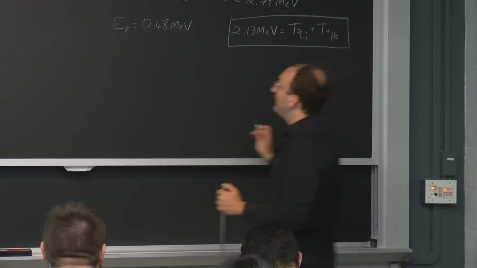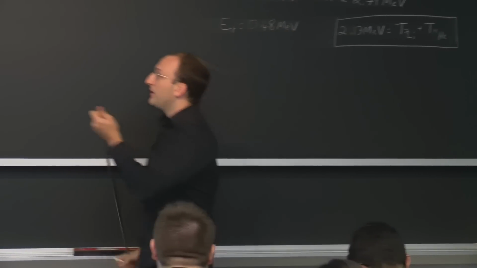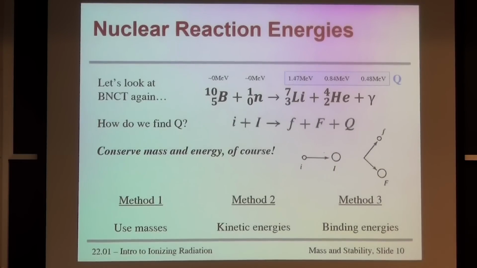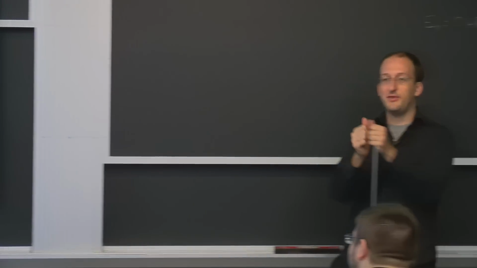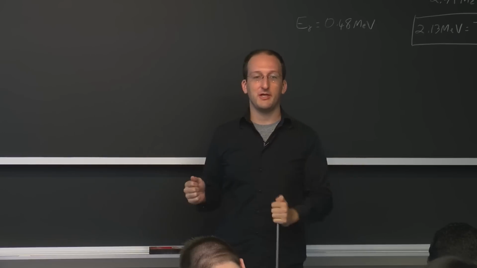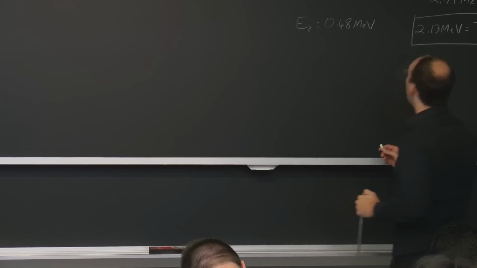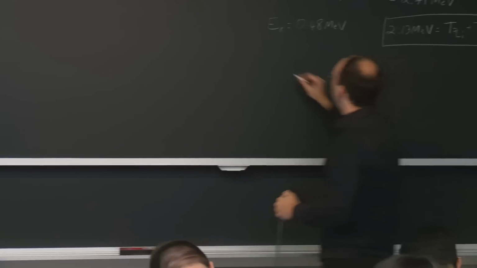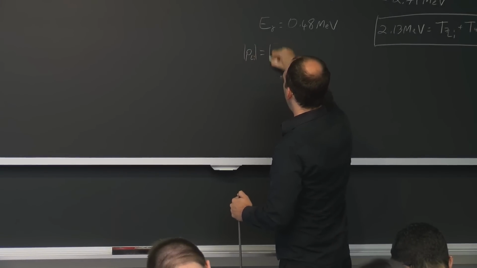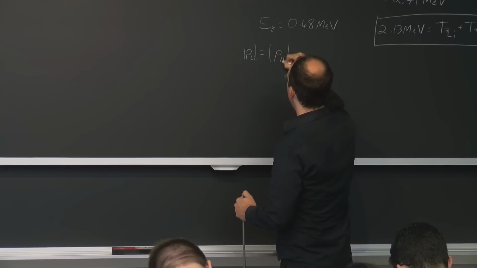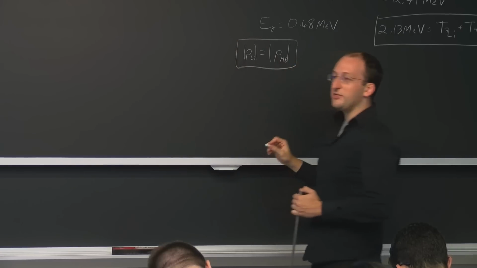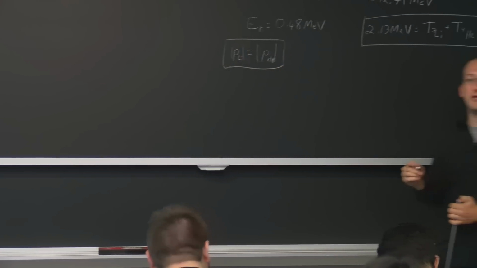So we can say that if the initial kinetic energy of boron and of the neutron was approximately 0, then it's like these two nuclei, lithium and helium, were standing still and all of a sudden moved off in opposite directions, which means they've got to have equal and opposite momenta. So the absolute value of the momentum of lithium has got to equal the absolute value of the momentum of helium.